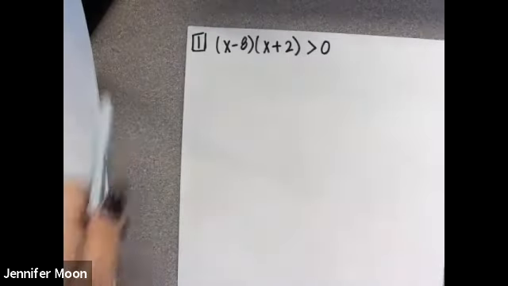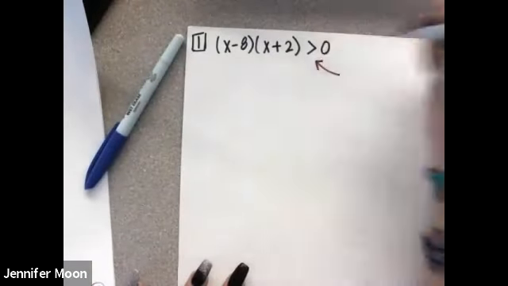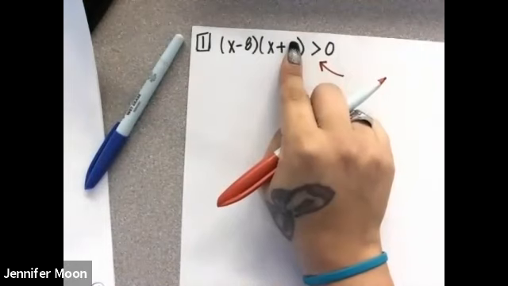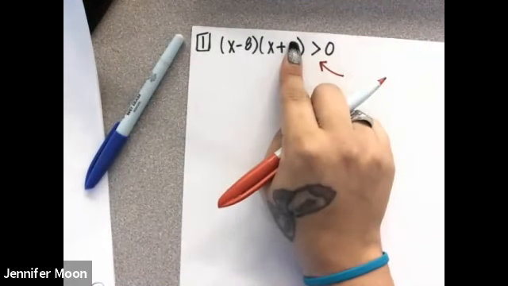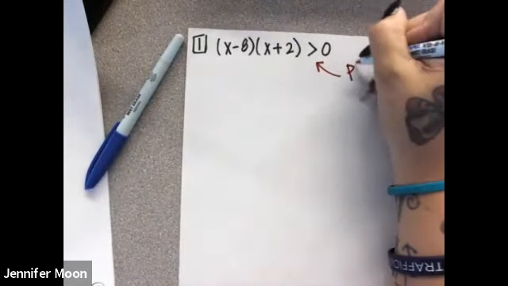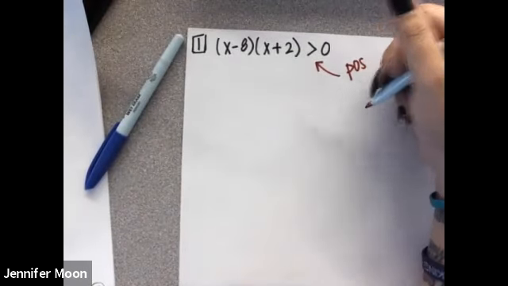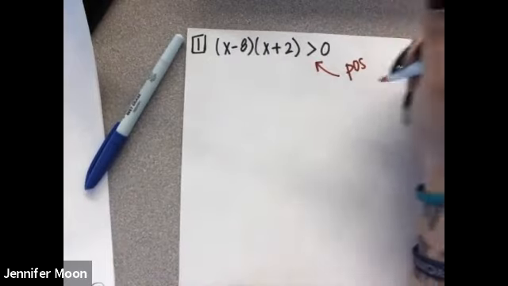We've already said that we agree that the inequality symbol means whatever's over here needs to be greater than 0, right? So things that are greater than 0, those are positive values. This is telling me what I'm looking for whenever I do my test points: positive values.